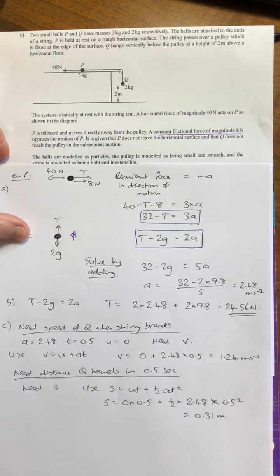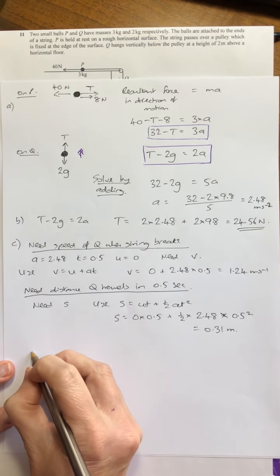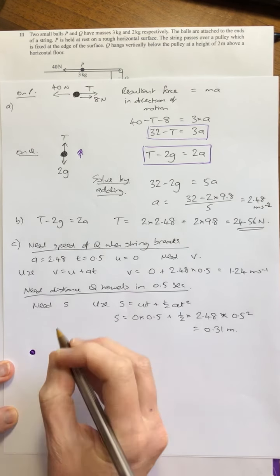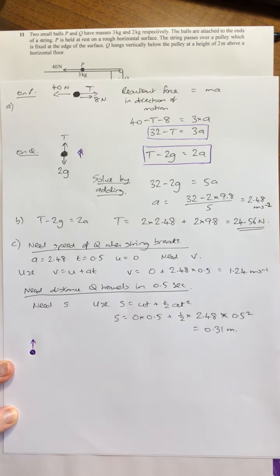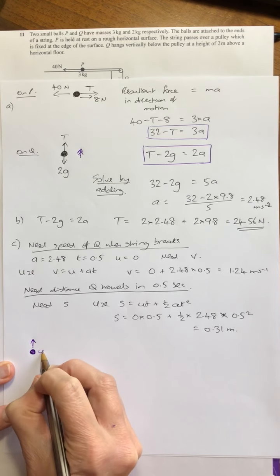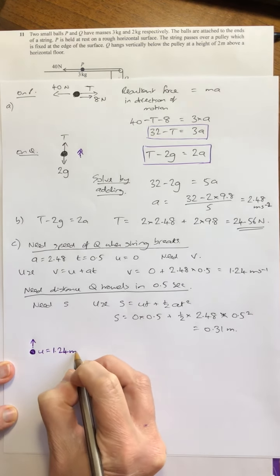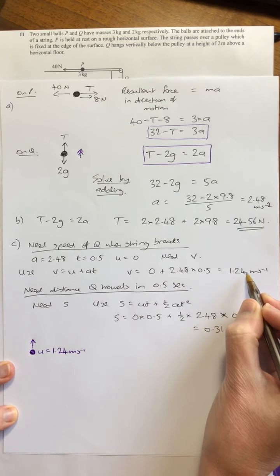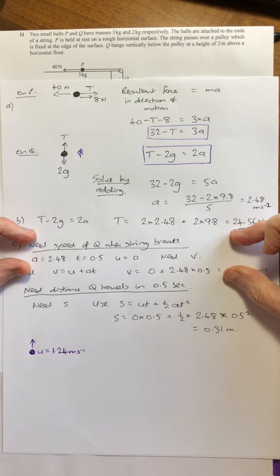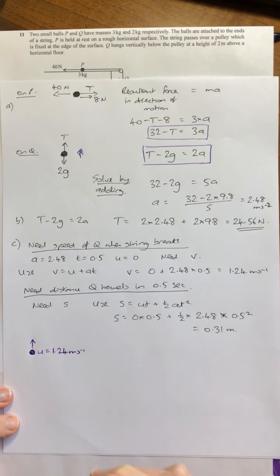So when the string breaks then, I've got this situation. So Q is travelling upwards. I know that its initial speed is equal to 1.24 meters per second. Of course, I've got it labelled as v there, but the final speed for that section of the journey is the same as the initial speed for this part of the journey.